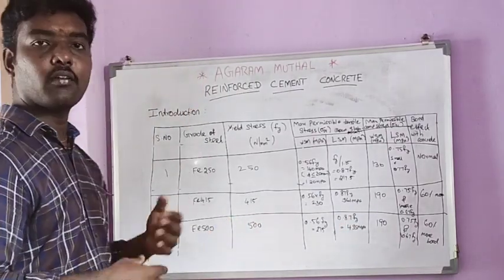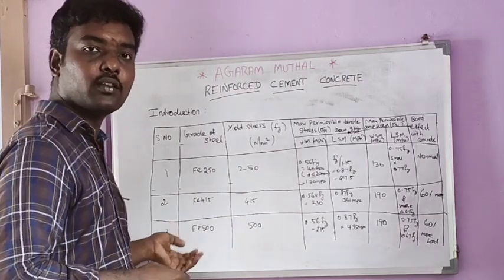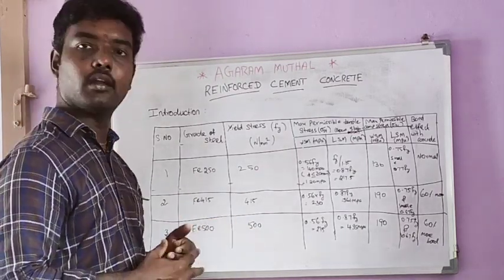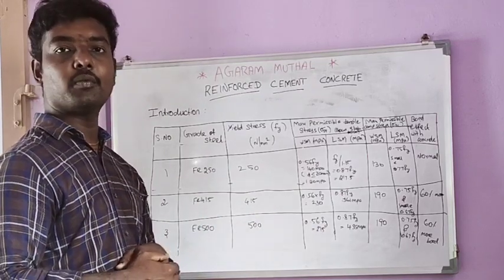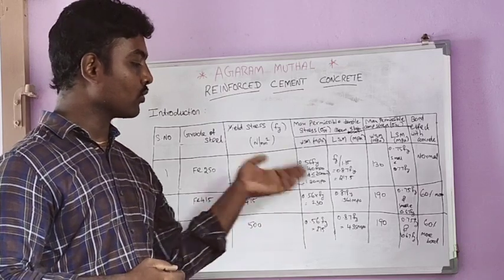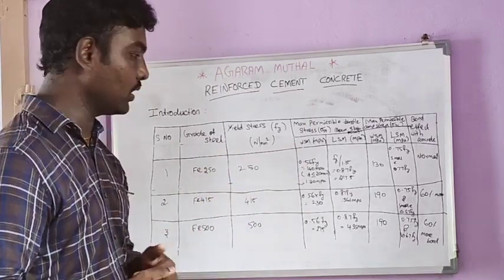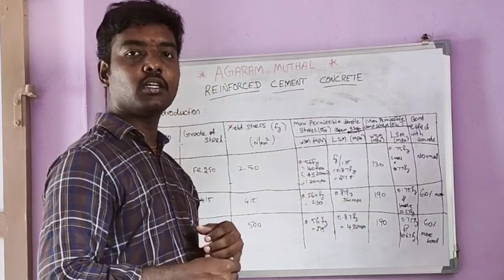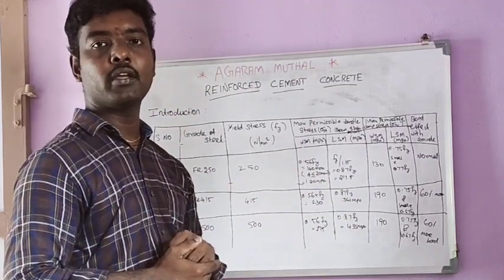Next, for Fe500 grade steel, the yield strength is denoted by the number 500 Newton per mm square, and the maximum permissible tensile stress is the same as what we saw in the last two types of steel. In the limit state method, all three types have 0.87 times Fy.